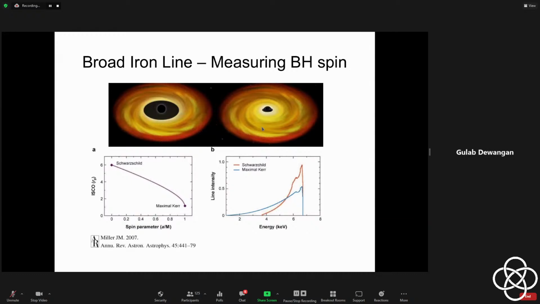But if the disk extends to almost 1 Rg, much closer to the black hole, then the red wing becomes stronger, and the red wing of the line can extend below 4 keV, up to 3 keV also. So by observing the lines and measuring the red wing, we can determine the inner radius of the accretion disk, and therefore the black hole spin. This technique has been used in a number of AGNs to measure the black hole spin.